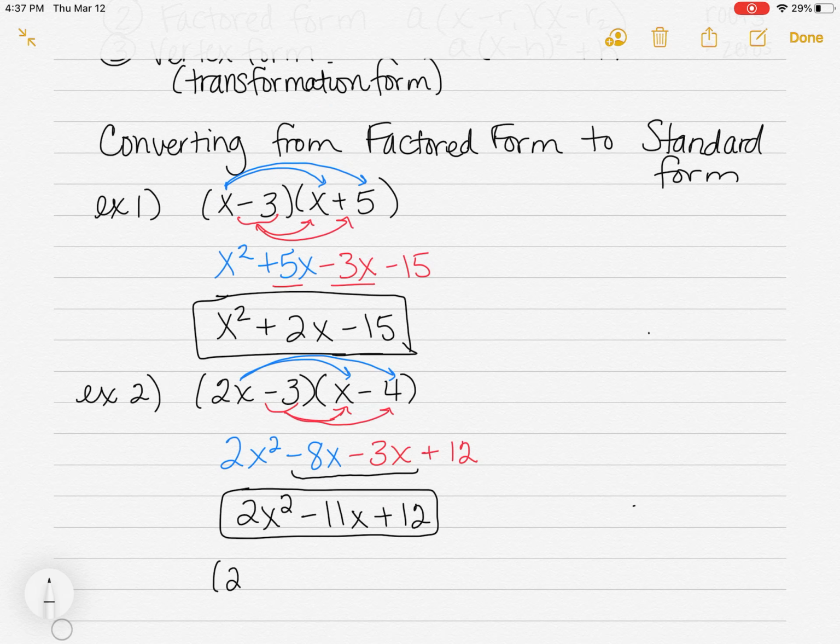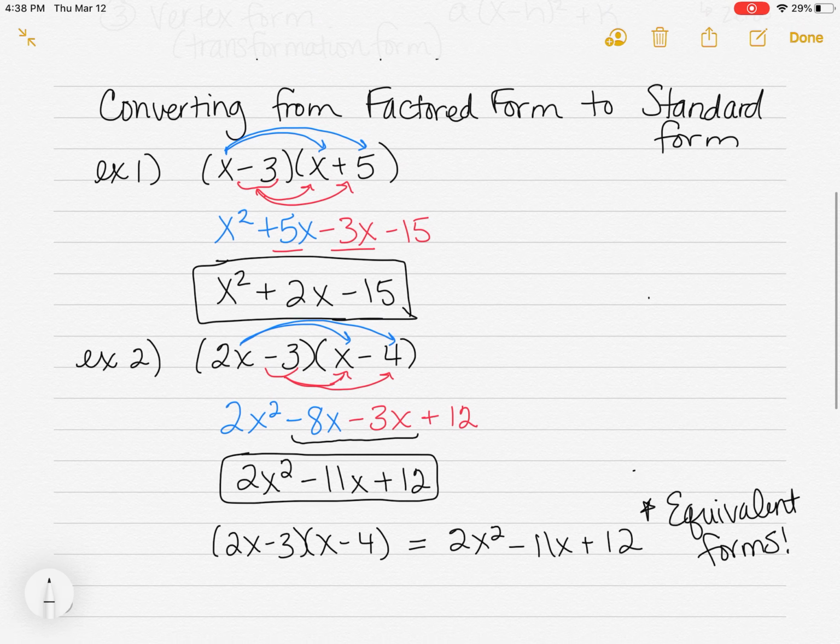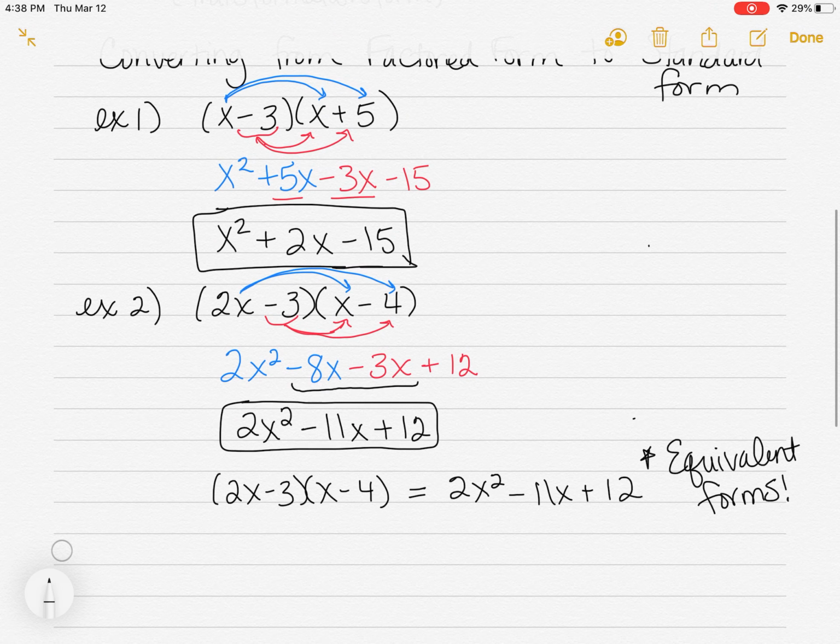So I know that 2x minus 3 times x minus 4 is equal to 2x squared minus 11x plus 12. So they are equivalent, and that's an important piece to know.